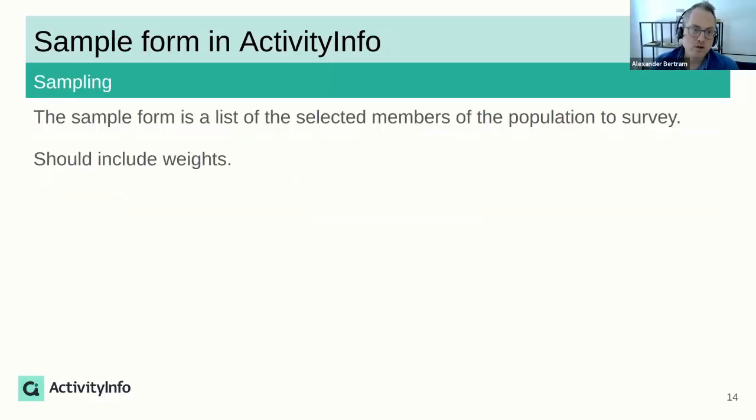Okay, so once we have our sample frame, then we can randomly select the individual farms that we're going to include in our survey, right? And this sample can also include your inclusion probabilities and your weights.